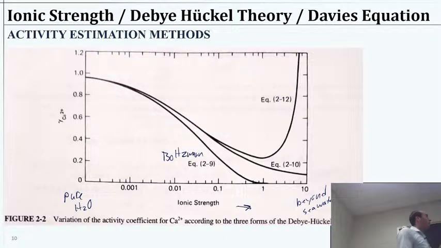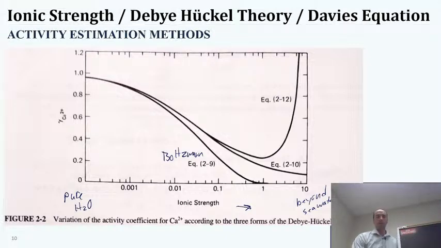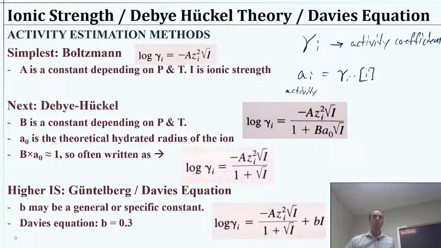So what we'll usually do is use the Davies equation, or be given, say, hey, use this equation to solve for something, right? Given that we can solve for the ionic strength, and we either can look up that value of A or be given it, then you can solve for the activity coefficient, and it's just a little bit more math on top of what you've been doing to solve the chemistry problem, right?